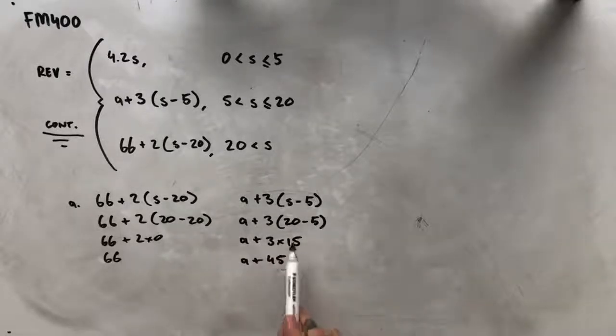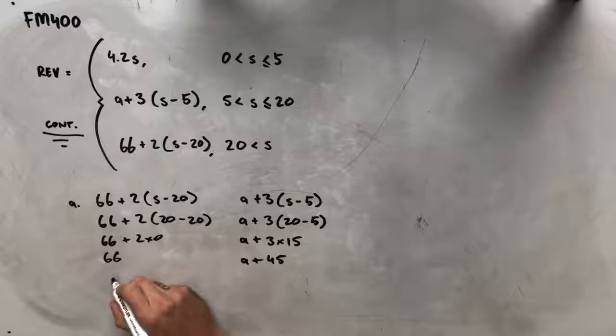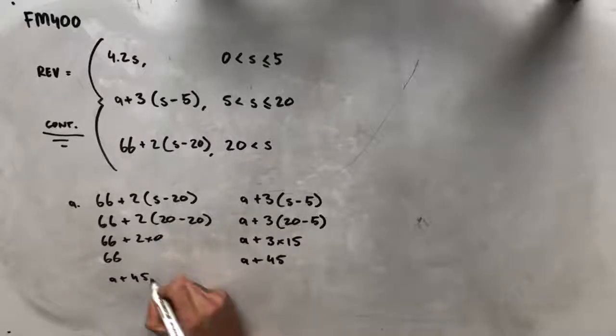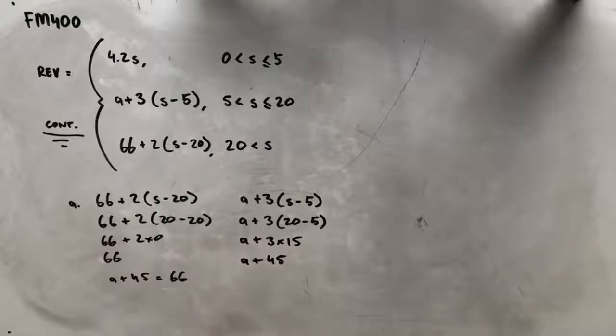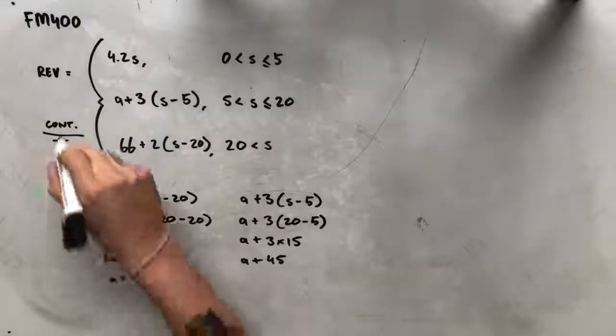Because we've put in the same number of succulents, 20 and 20, our A plus 45 should be equal to 66, because this is a continuous equation.